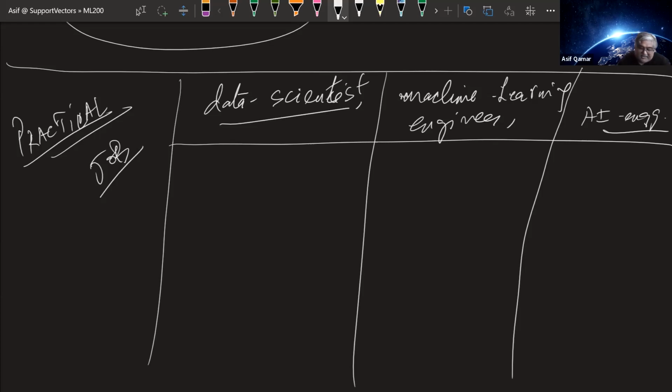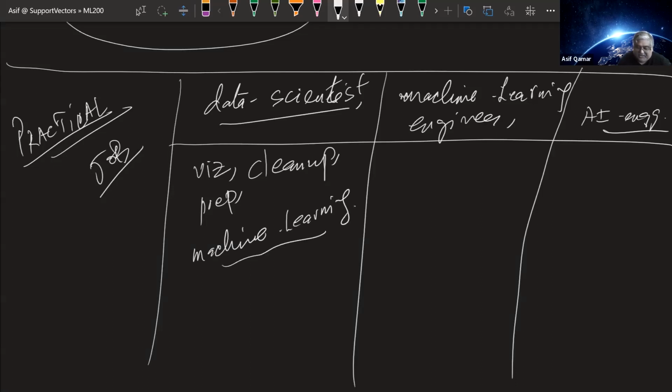So data scientist is mostly actually doing all of these things: data visualization, cleanup, prep, etc. And he is doing the algorithmics, the machine learning. It's very interesting. Much of the machine learning algos on data are being applied by data scientists.